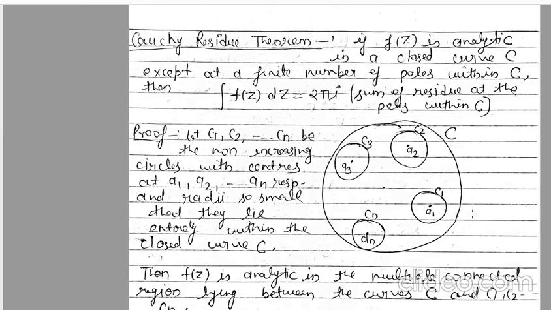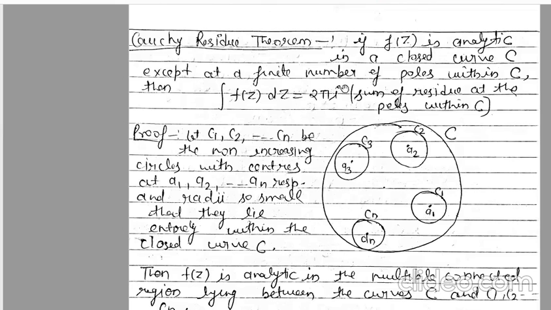Right? If f(z) is analytic in a closed curve C, so there is a circle here. This is your circle C, and inside this circle there are some small circles. So f(z) is analytic in a closed curve. See, this is a closed curve, right?